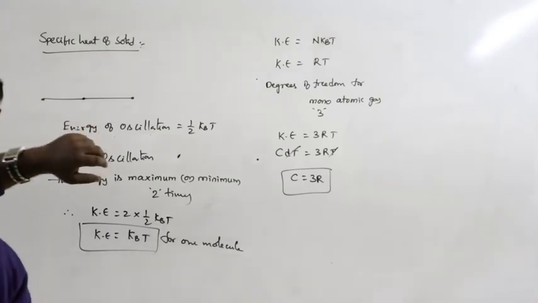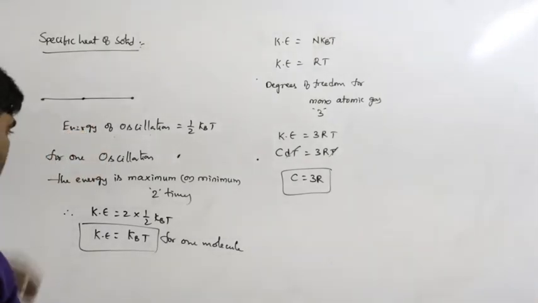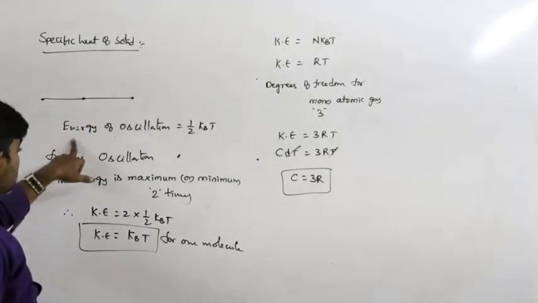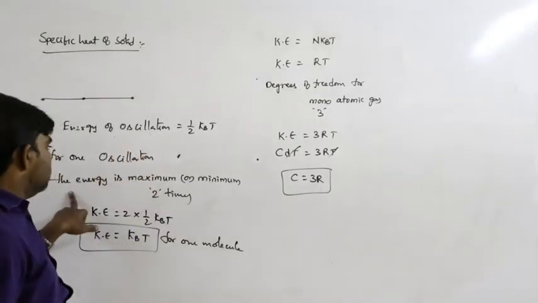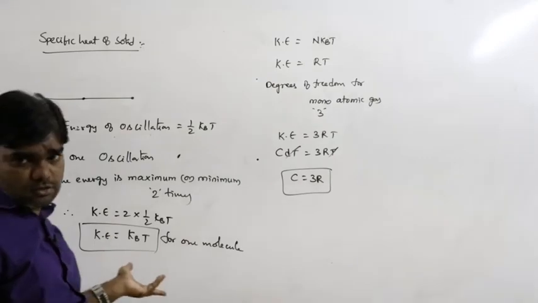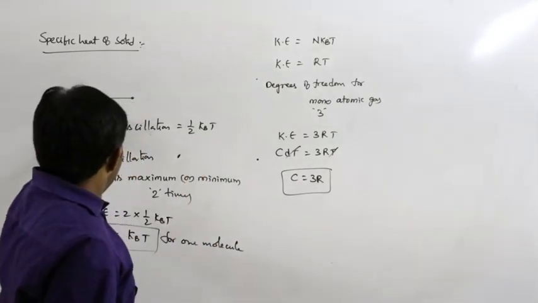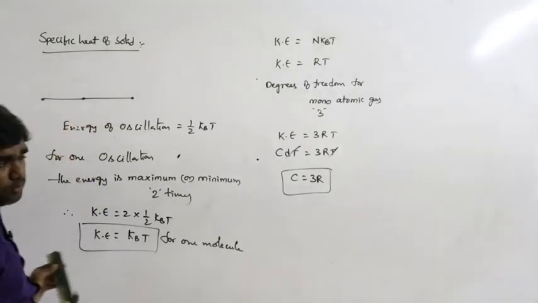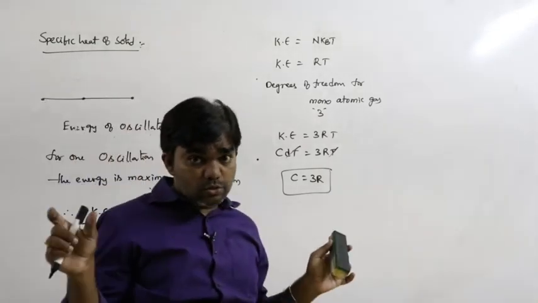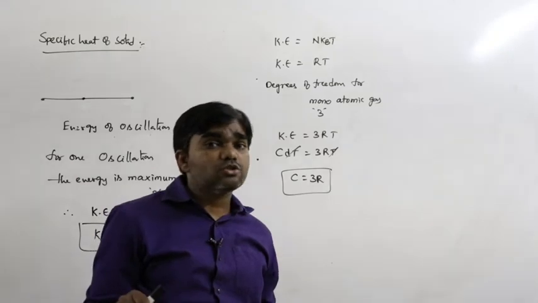So this is the specific heat of the solid. The energy of oscillation is generally considered as half kBT. For one oscillation, the energy is maximum or minimum 2 times: 2 times the body reaches the extreme position, 2 times the body reaches the mean position.